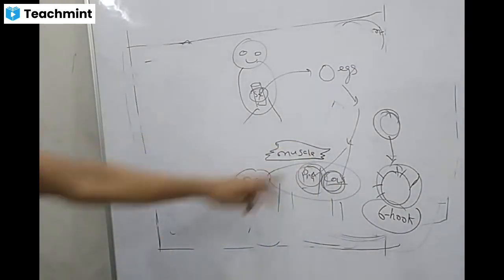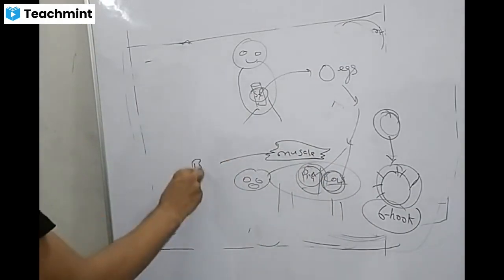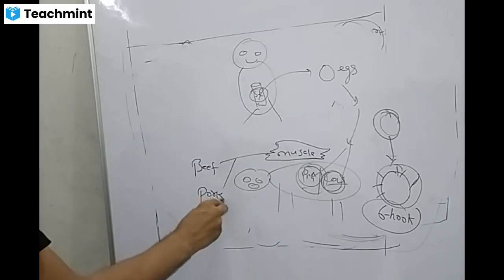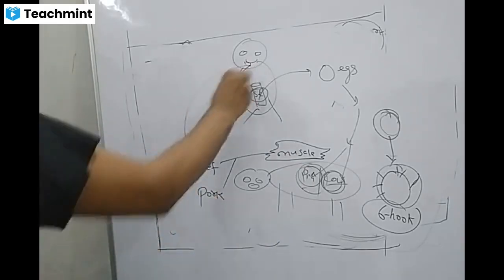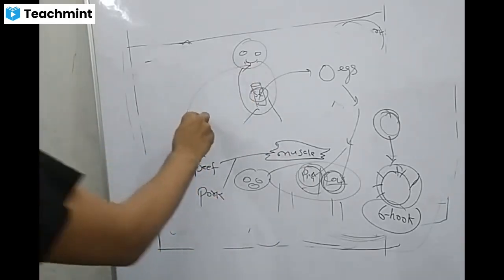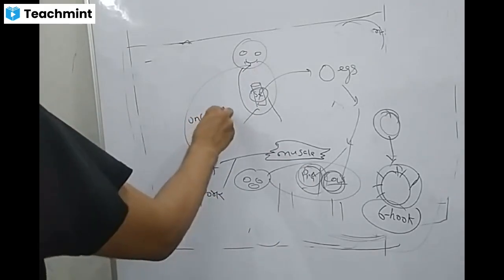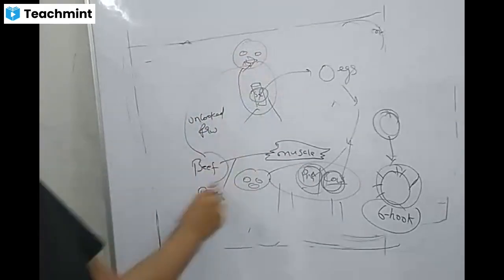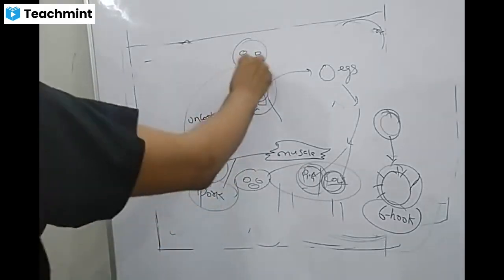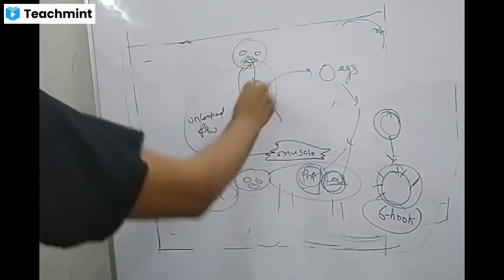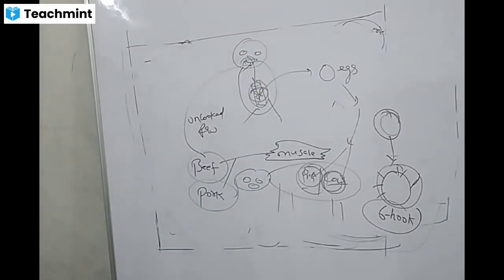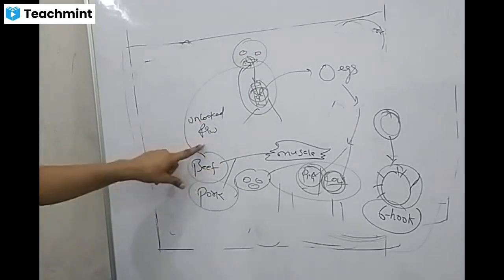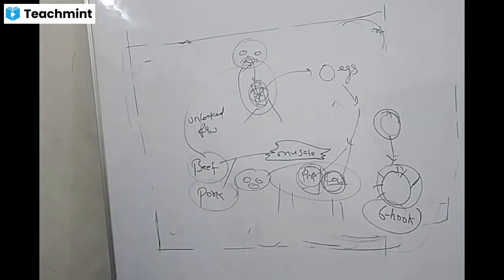If these muscles, which we call beef or pork, are eaten by the human, that is uncooked or raw, then it will enter into the body, and that may lead to the infection. So the source is uncooked beef or pork.